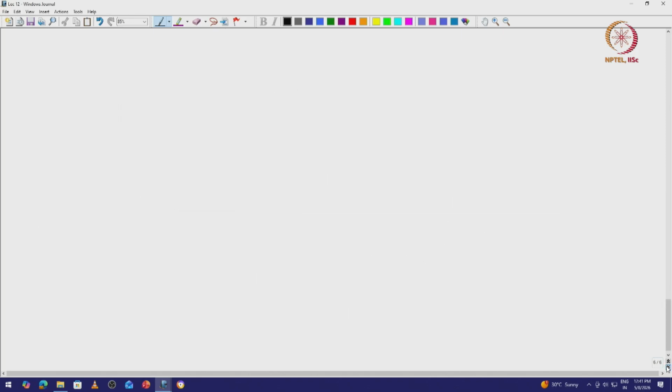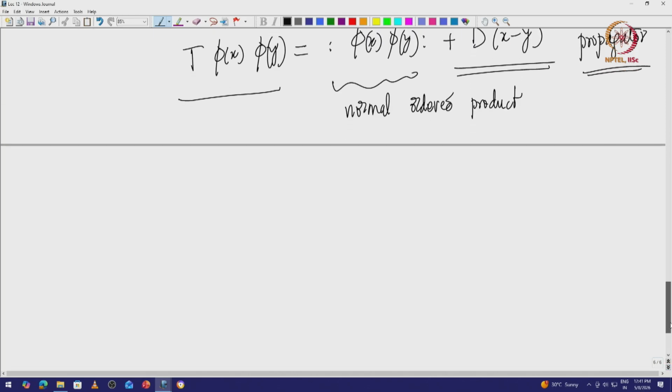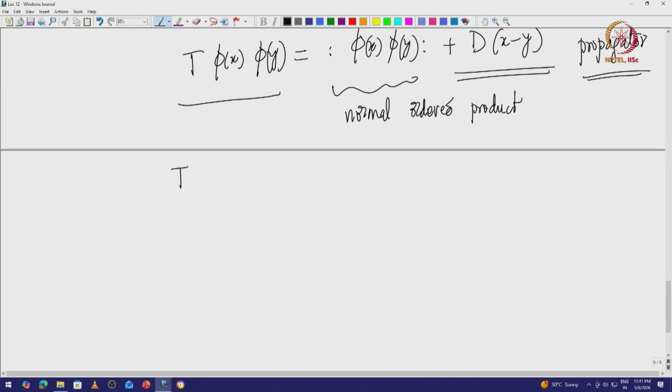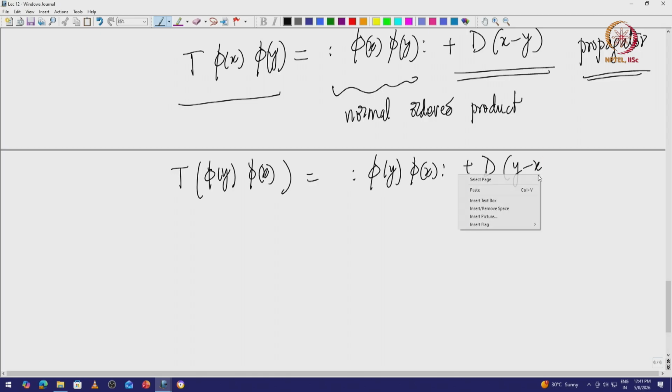Essentially now what we can do is, instead of pi x pi y, I will do the opposite, T of pi y pi x, and this will give me the normal ordered product of pi y pi x plus D of y minus x.